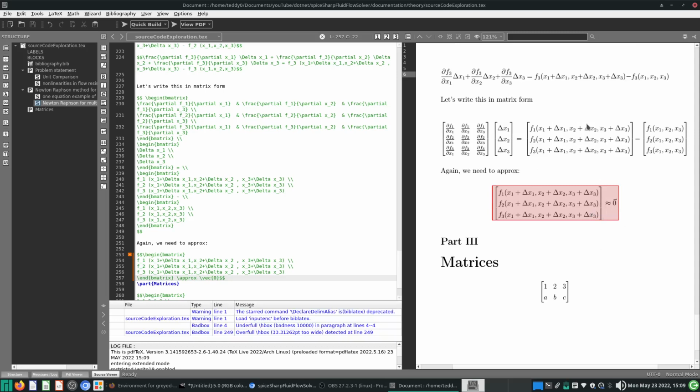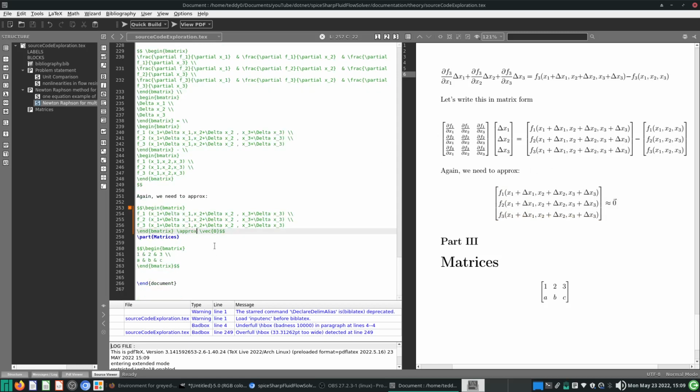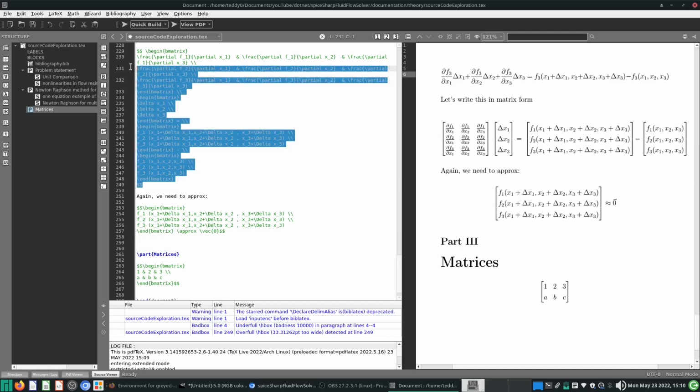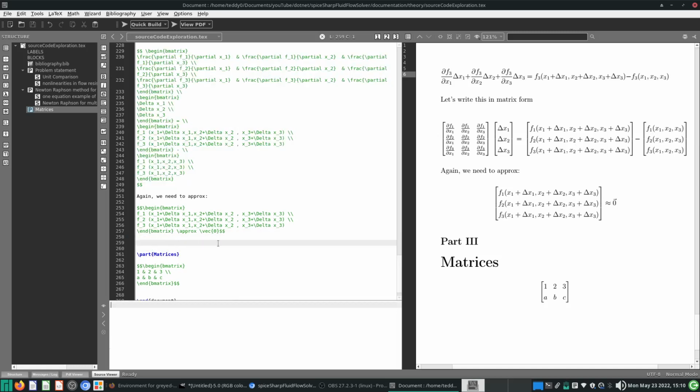What happens after that is that we'll just need to solve for this. We approximate this to 0, and then we'll just solve this system of equations right here.